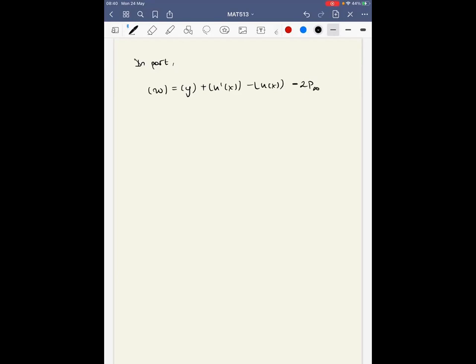And here by h prime we mean the derivative of the polynomial h of x.